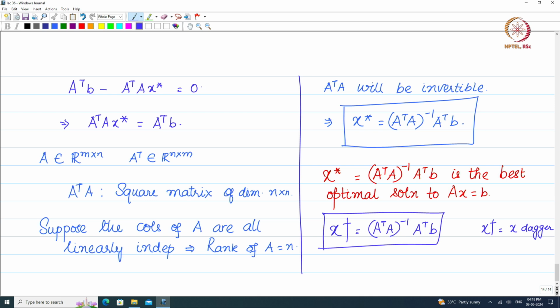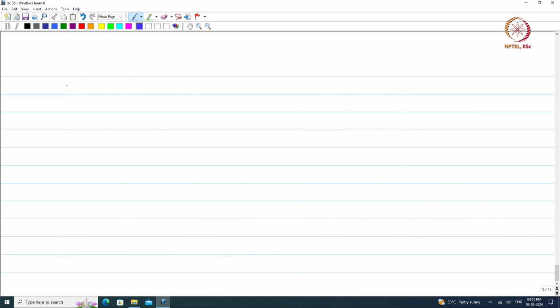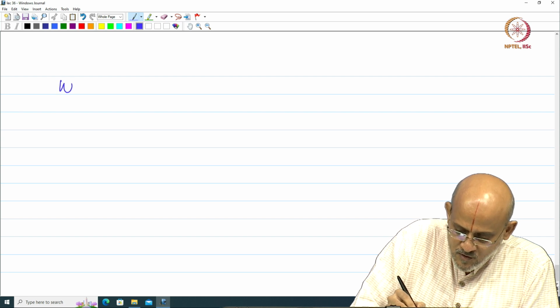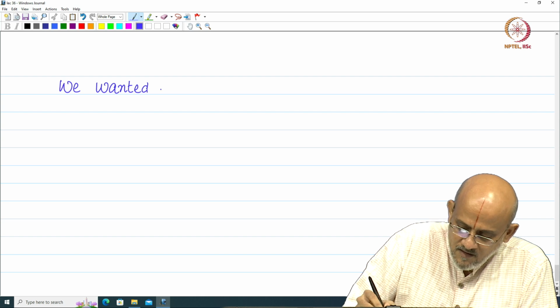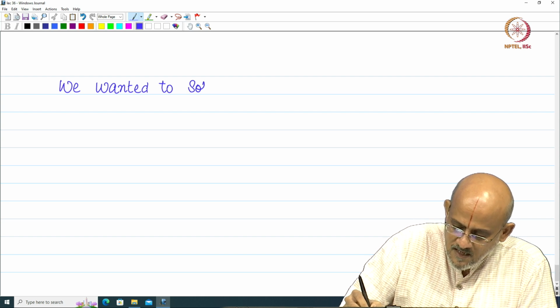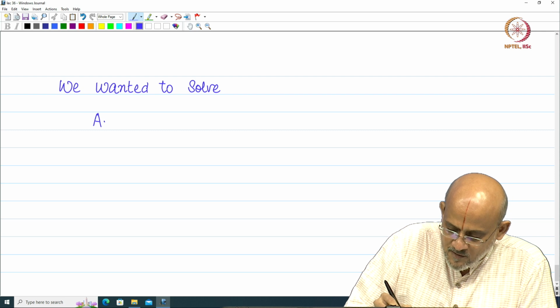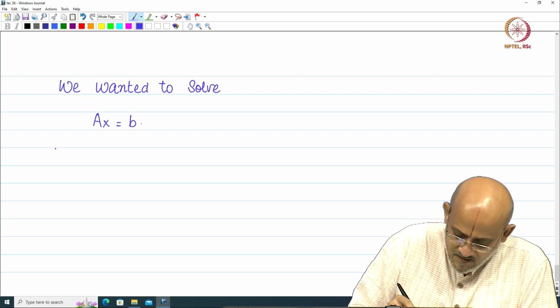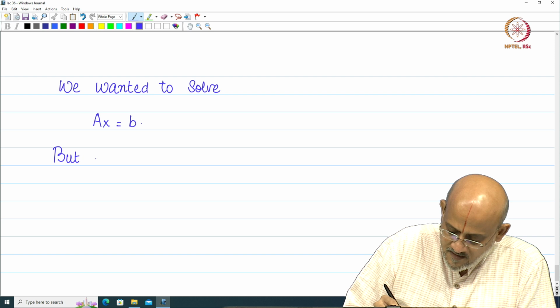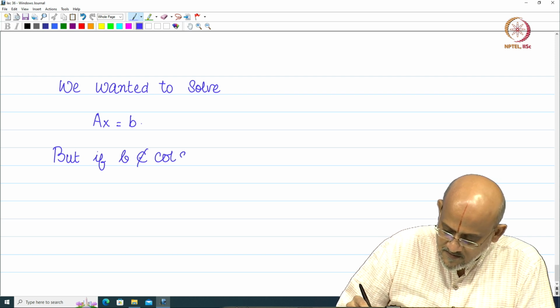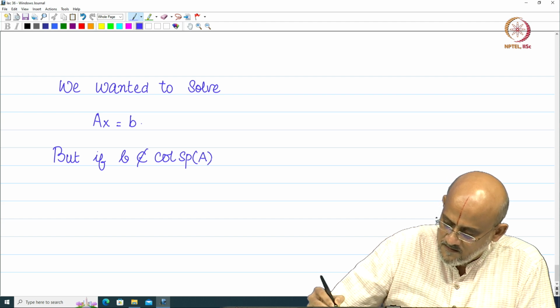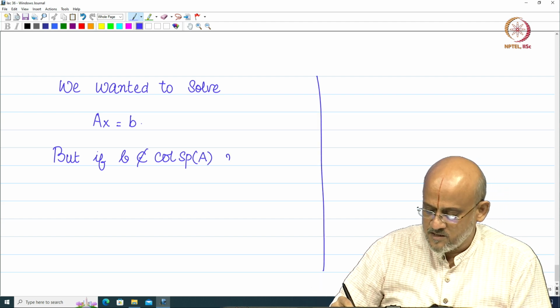Now what is interesting again is let us look at this. What is it that we had? We wanted to solve Ax equal to B, but if B is not an element of the column space of A, no solution exists.